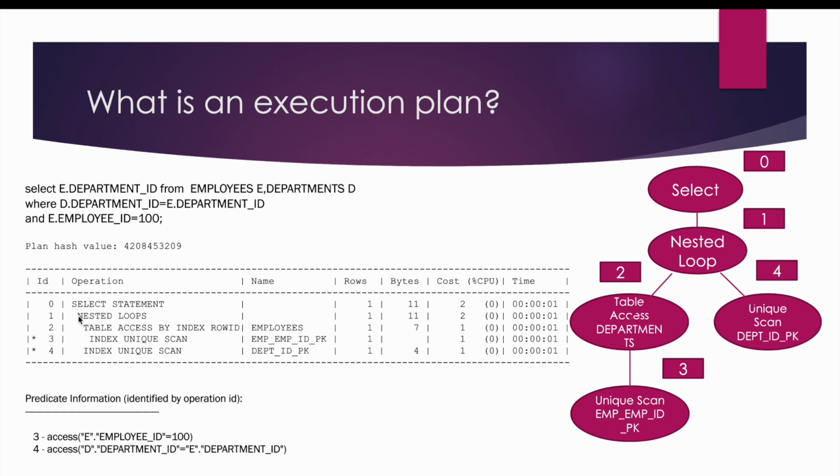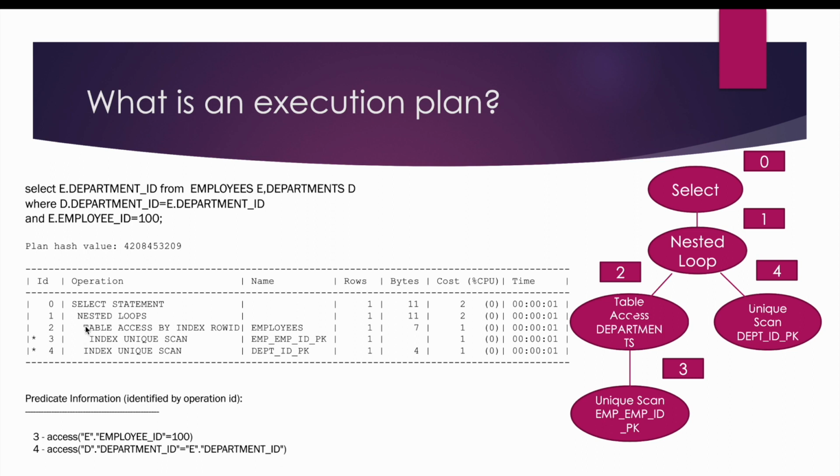So operation 1 should execute. But operation number 1 has two children, that is child number 2 and child number 4, because both of them are indented on the right side and at the same level. Since 2 and 4 are the children of 1, and since 2 is on the top and 4 is on the bottom, operation number 2 will execute first.